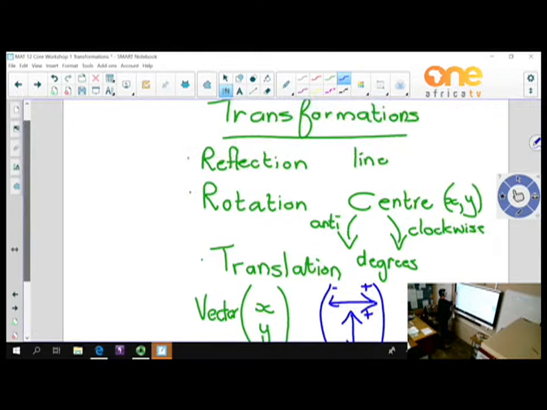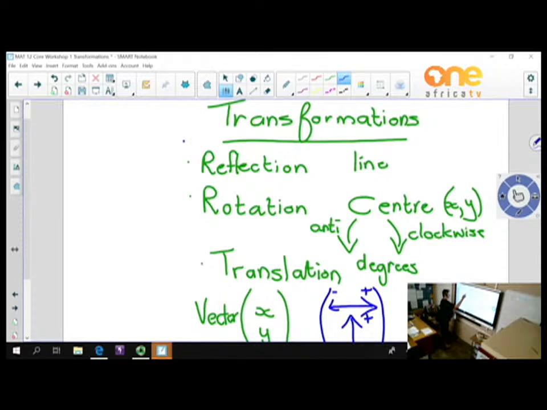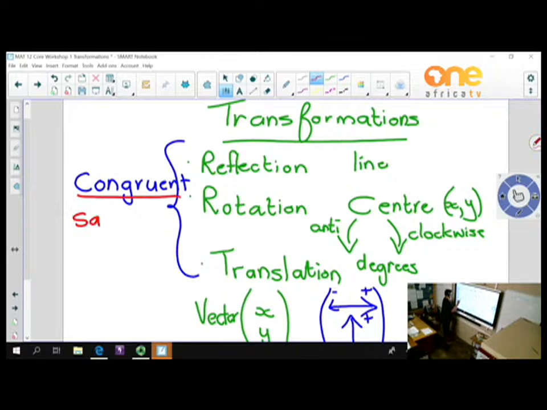Something else that's very important here to know is a reflection, a rotation, and a translation is congruent. What does the word congruent mean? Same shape, same size. The other one is then the enlargement.